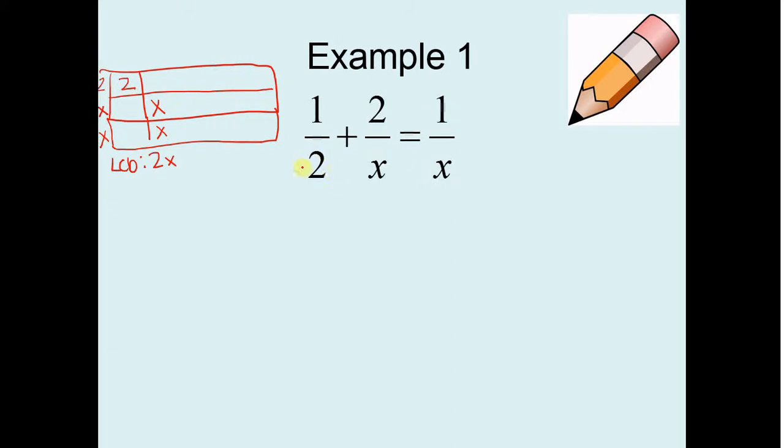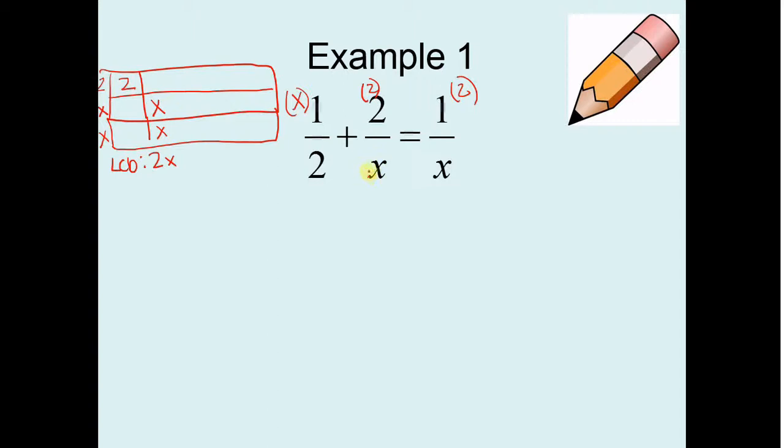So what do I need to multiply this by? I need to multiply it by an x, because I still needed 2x, right? Here I just need to multiply by 2, and here I also need to multiply by 2. Notice how the denominator, just like we were doing last time, I needed a 2x.